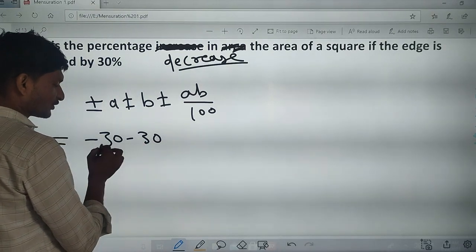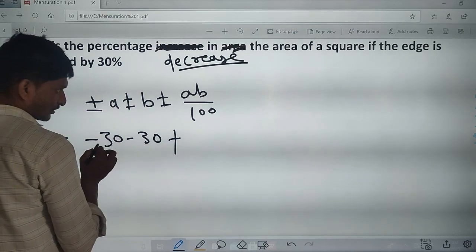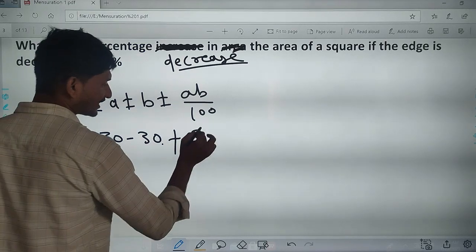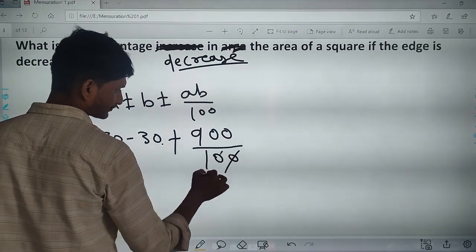Cross multiplication of these two terms: minus 30 into minus 30, minus into minus is plus, so plus 900 divided by 100.